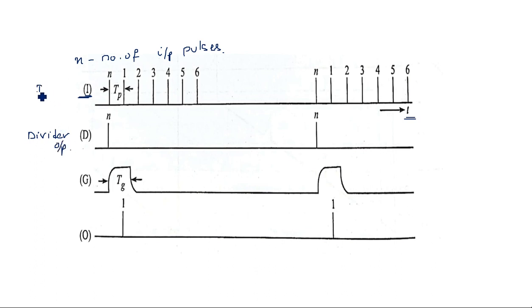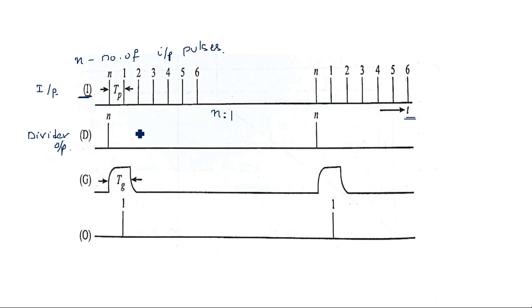This is the input. So the divider output, as I said, out of these n number of pulses, only one pulse will be sent because it divides the input number of pulses by n. It is an n-to-1 divider.